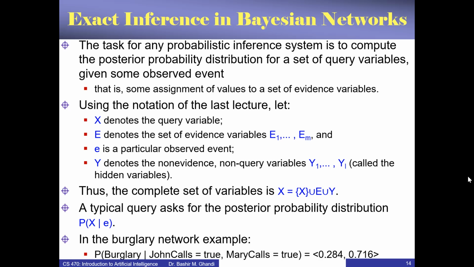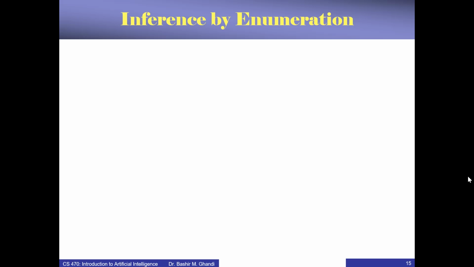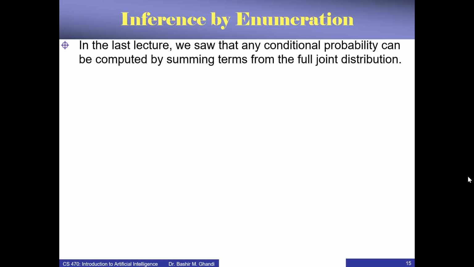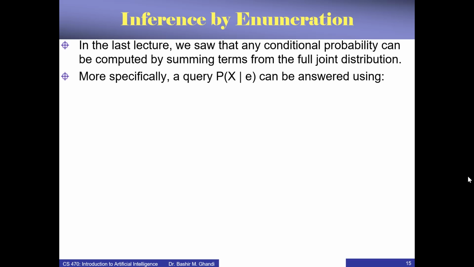Okay, let us see how we do that. We're going to do that using what is called inference by enumeration. Now, in the last lecture, we saw that any conditional probability can be computed by summing terms from the full joint distribution. So we're going to try and do the same, but based on our Bayesian network. More specifically, we saw that a query P of X given E can be answered using this formula.